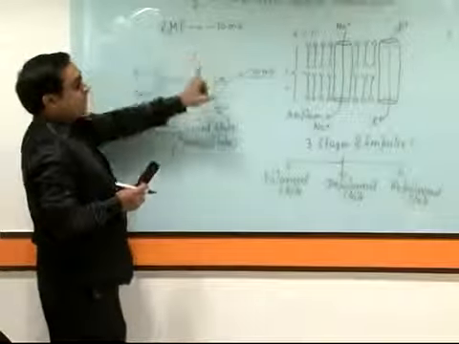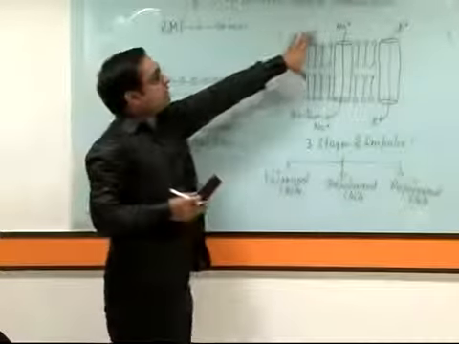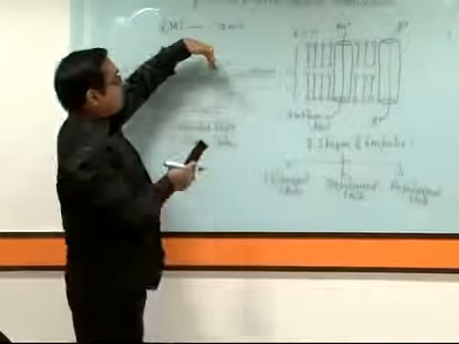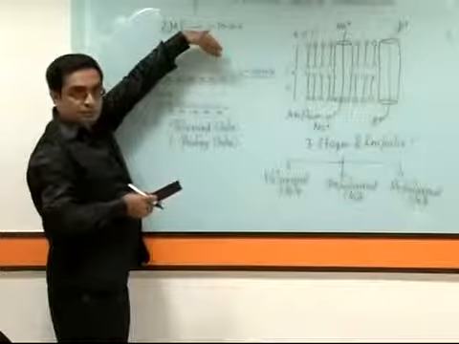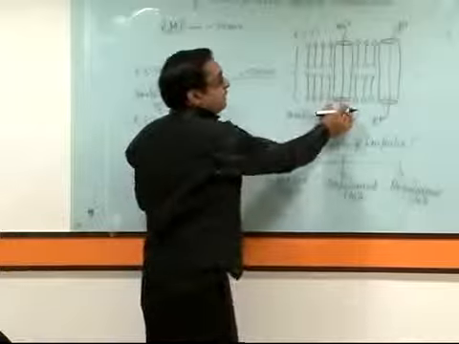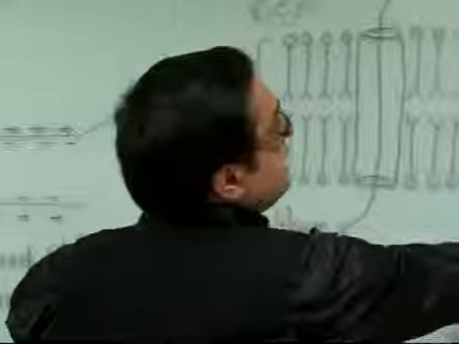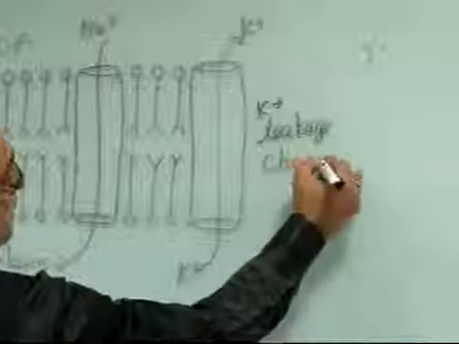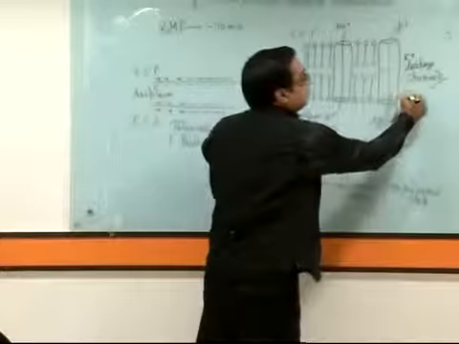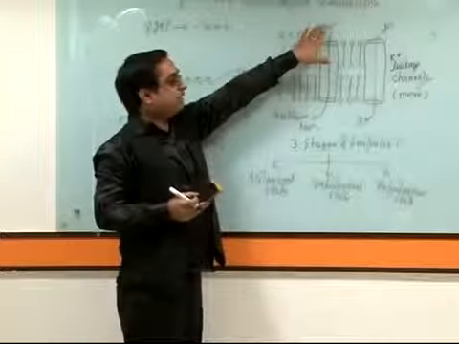Now the question comes, why is it negative inside and positive outside? If we say that it's the play of sodium and potassium ions, then both are positively charged. How is it possible that inside we have negative charge and outside we have positive charge? The reason is that if we compare these two channels, the number of potassium leakage channels, the channels which are allowing the exit of potassium, is more in axolemma as compared to the number of sodium leakage channels.